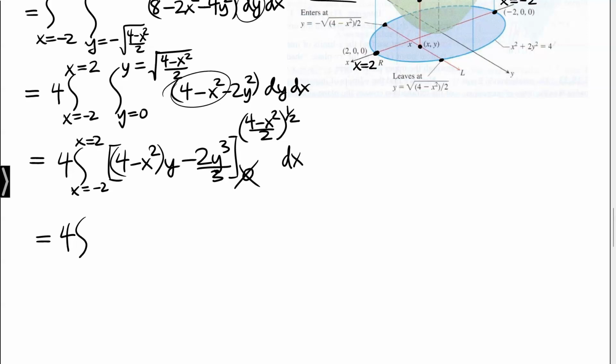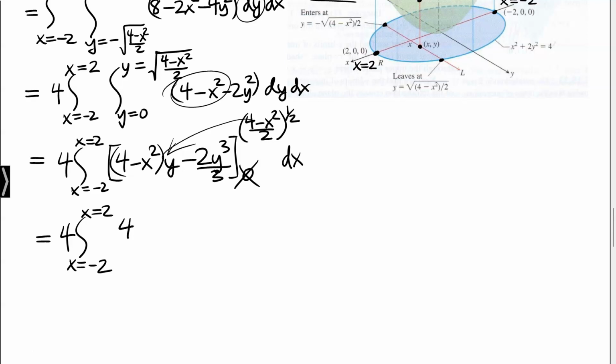So we've got integral -2 to 2, and it's 4 minus x squared. Let's see. So we substitute in here for y. It's going to be 4 minus x squared times 4 minus x squared to the 1/2 over 2 to the 1/2.